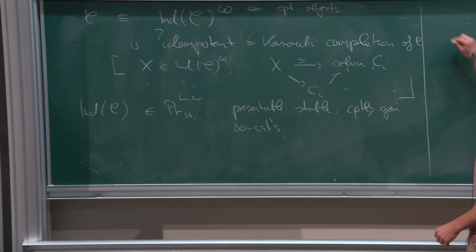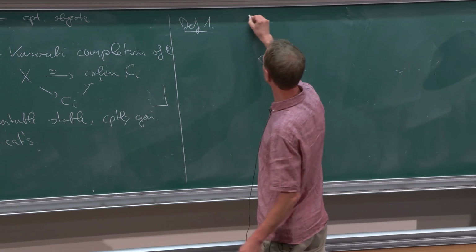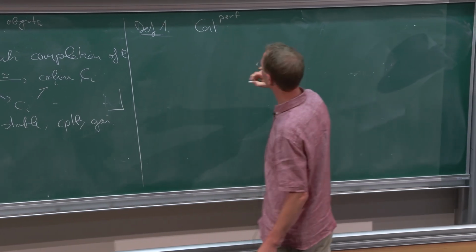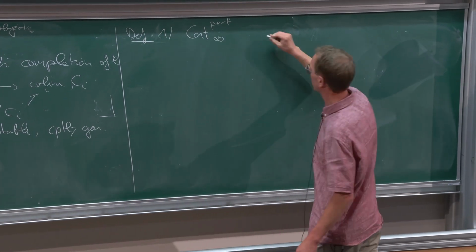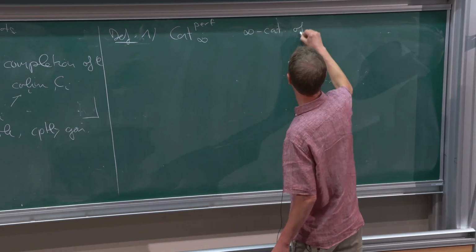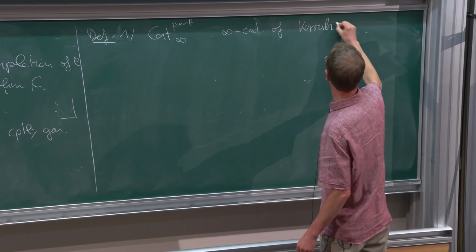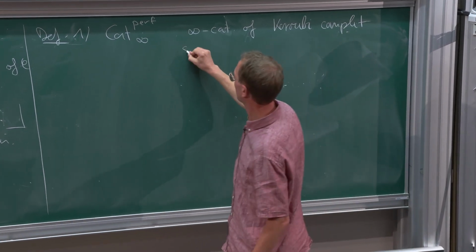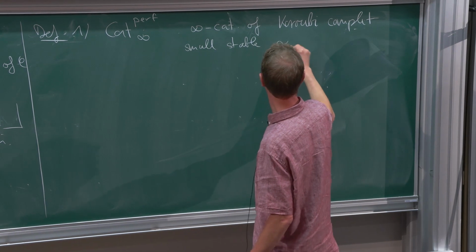Okay, so let me define now. We give a name to this category of idempotent complete stable infinity categories, and this is Cat^perf, part one of the definition. So that's the infinity category of idempotent or Karoubi complete small stable infinity categories.